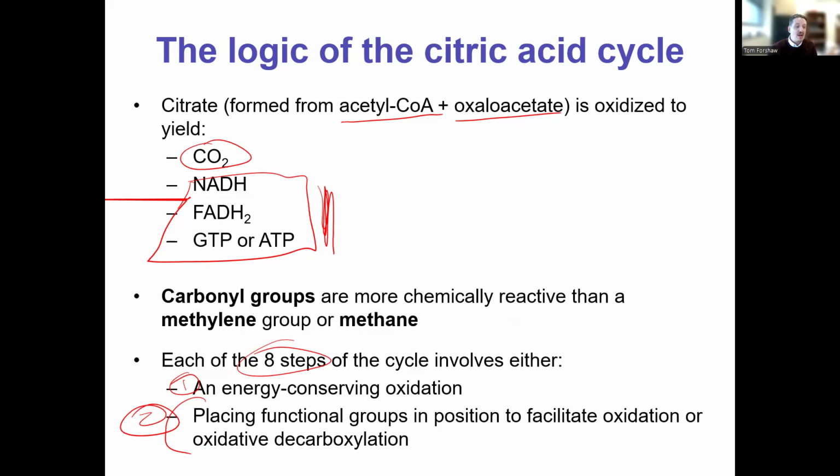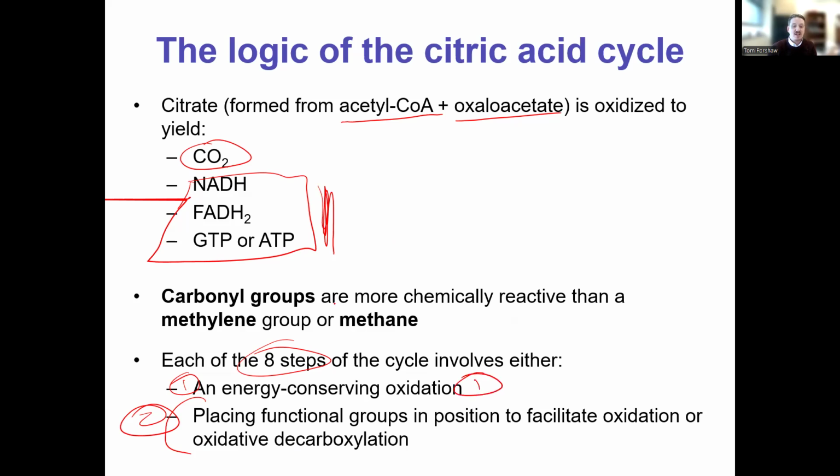I mean, there's like a hydration as well, which definitely is an isomerization, but something which is going to be easily facilitated, a rearrangement of some kind, which is really putting things into position for, number one, the energy conserving oxidation to occur.